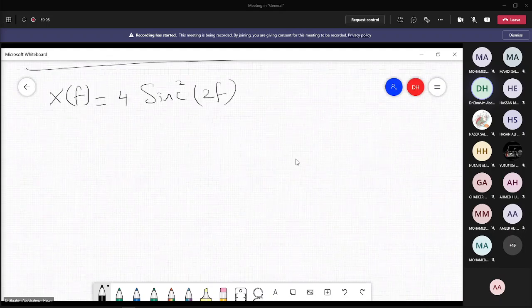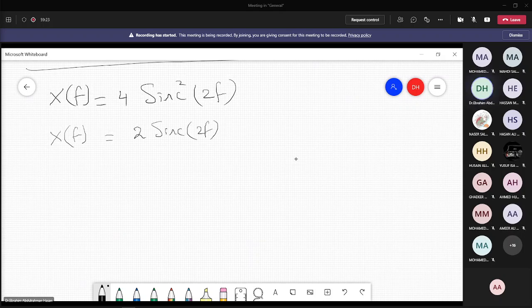How to find it? x of f, I can write it like this: it is 2 sinc 2f multiplied by 2 sinc 2f.